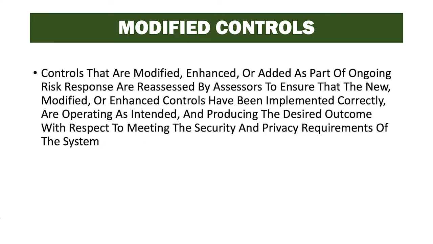Controls that are modified, enhanced, or added as part of ongoing risk response are reassessed by assessors to ensure that the new, modified, or enhanced controls have been implemented correctly, are operating as intended, and producing the desired outcome with respect to meeting the security and privacy requirements of the system. So if we add any new controls or we change any controls at all, they need to be reassessed.